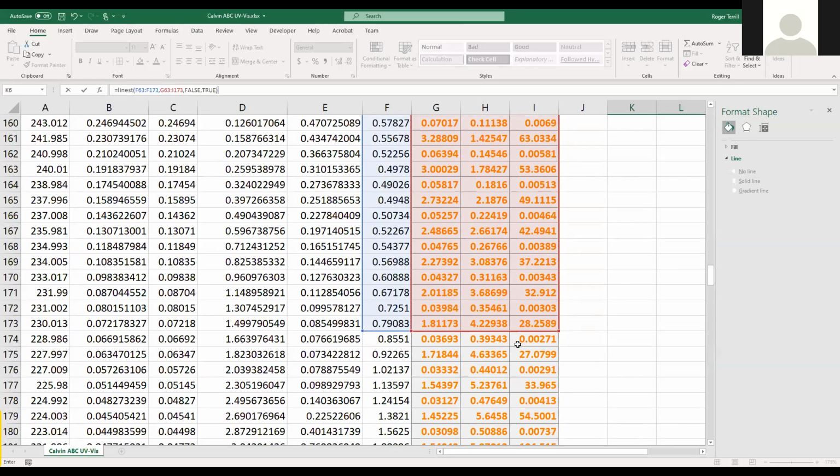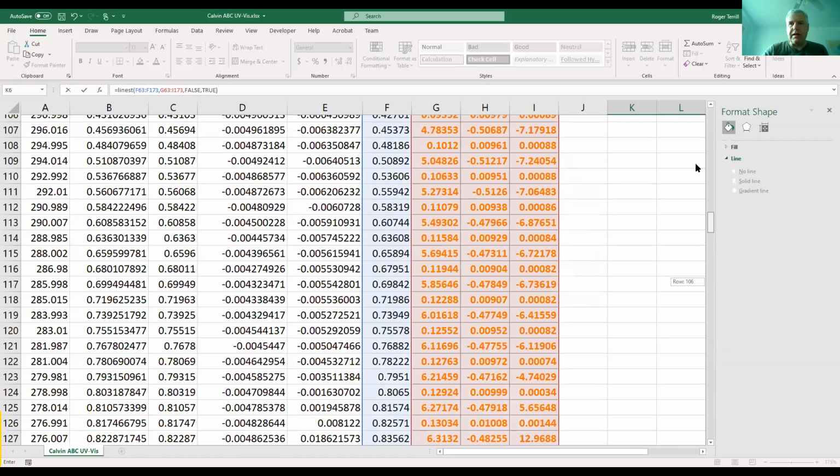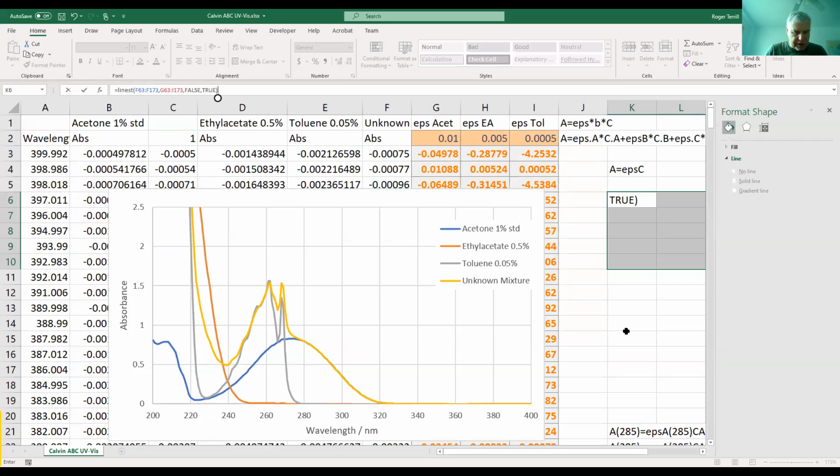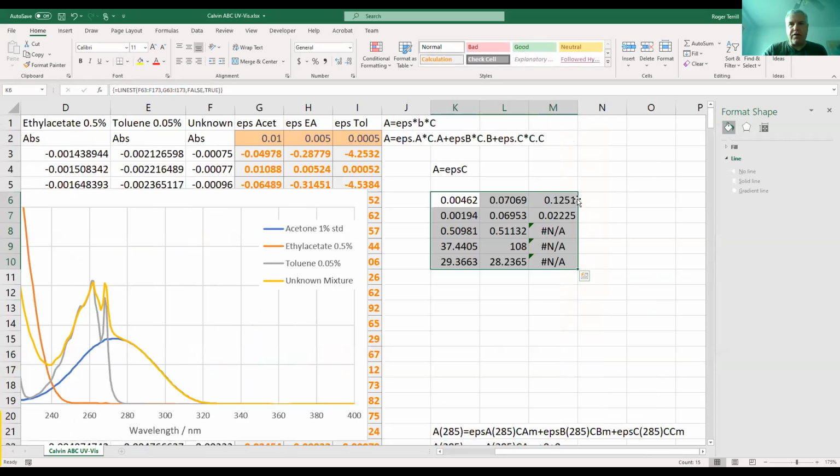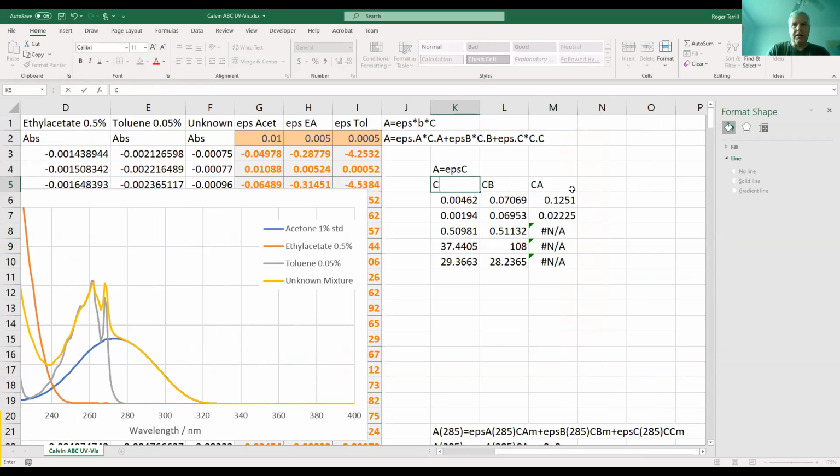And the only important thing here is that I do shift control enter. And that gives us the concentrations CA, CB, CC, and the uncertainties of these values. Okay. So CA came out to 0.12.